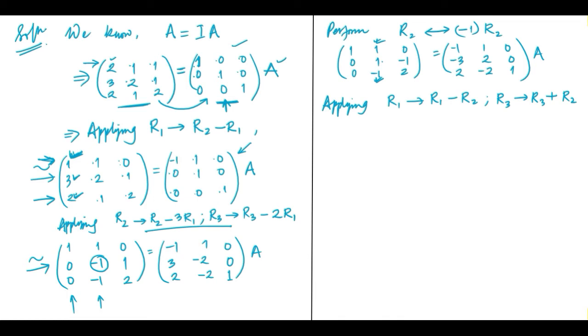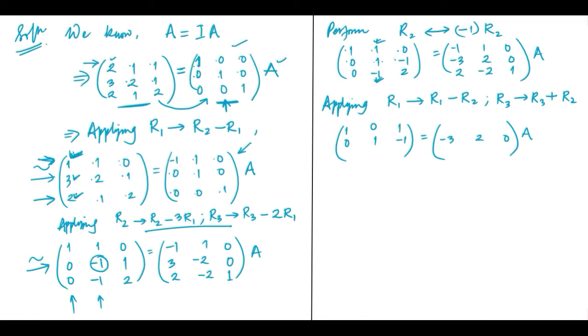Now you will not be changing R2, so write that down first. R2 is 0 1 minus 1, minus 3 2 0 and then A. R1 is now R1 minus R2: 1 minus 0, 1 minus 1 0, 0 minus minus 1 plus 1.